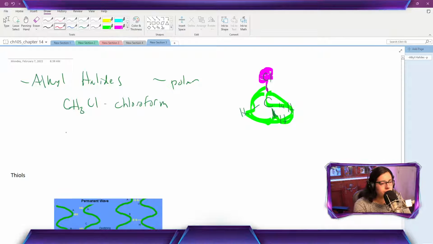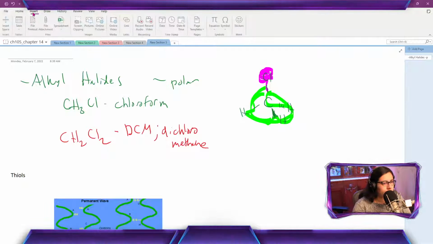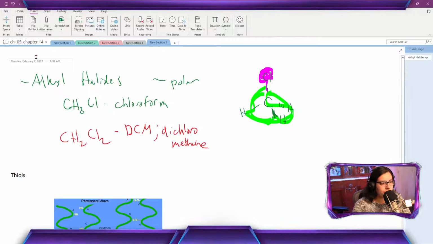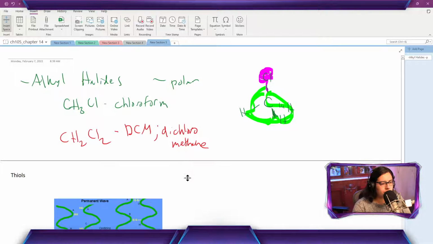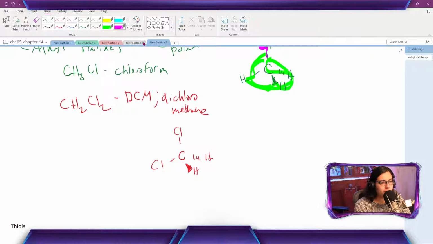Another common solvent, and I think we mentioned it in looking at some of our conditions, is DCM or dichloromethane. And this is a great organic solvent, although it is carcinogenic. And so this is also polar.